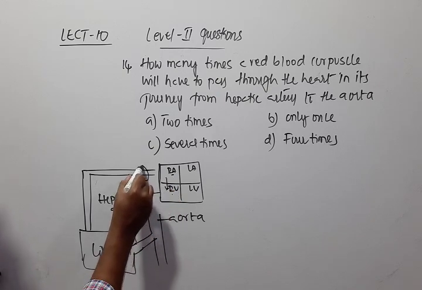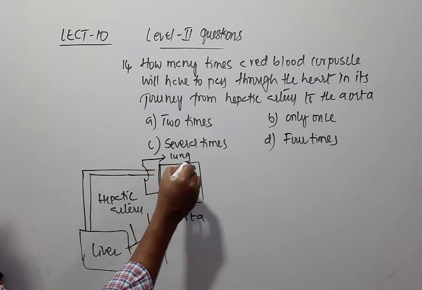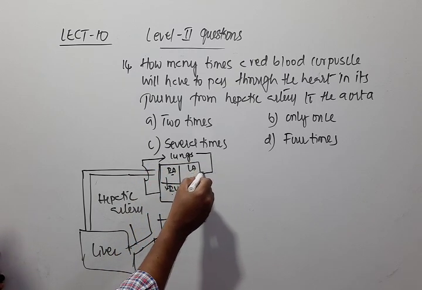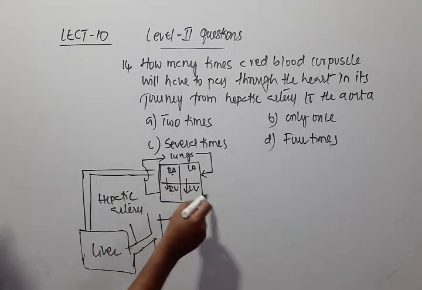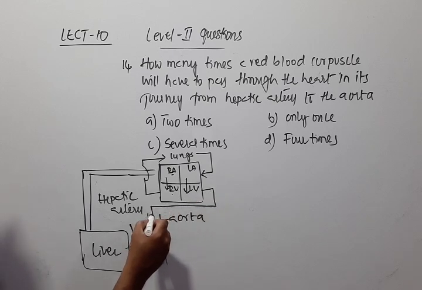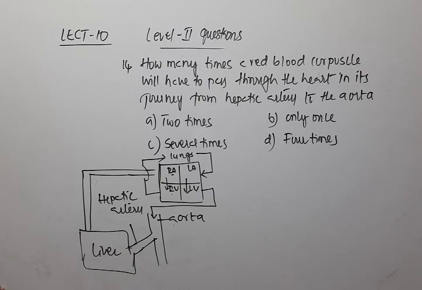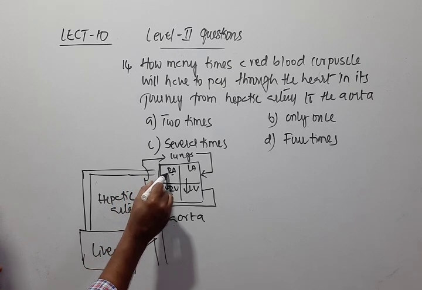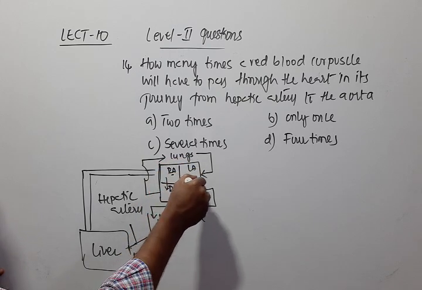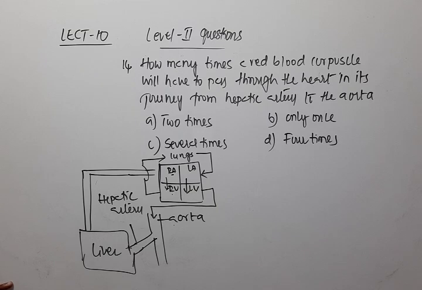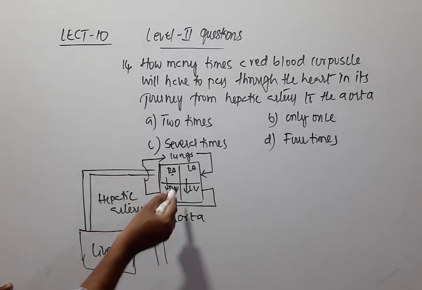From there the blood passes to the lungs, and from the lungs after oxygenation it returns to the left auricle, then to the left ventricle, and from the left ventricle to the aorta again. So one red blood corpuscle will pass through the heart once, and after passing through the lungs it again comes to the heart and passes one more time, and then to the aorta.